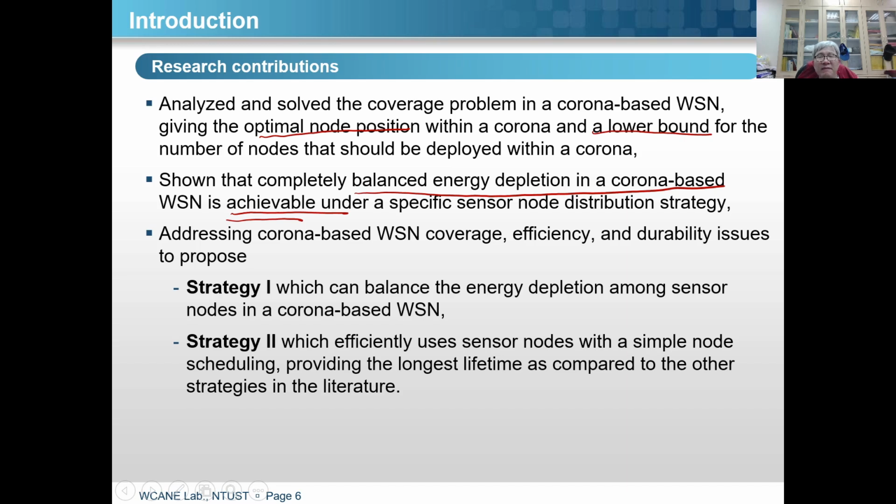Of course, we need proper design. Finally, we address two strategies, strategy 1 and strategy 2. The detailed design we will discuss later.